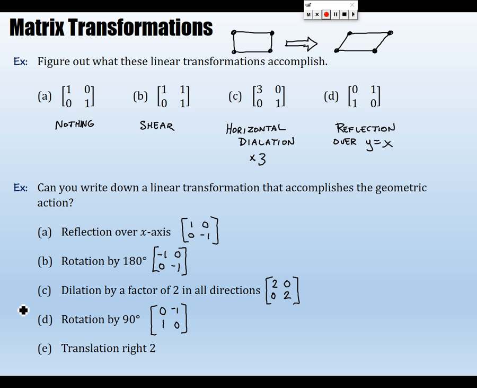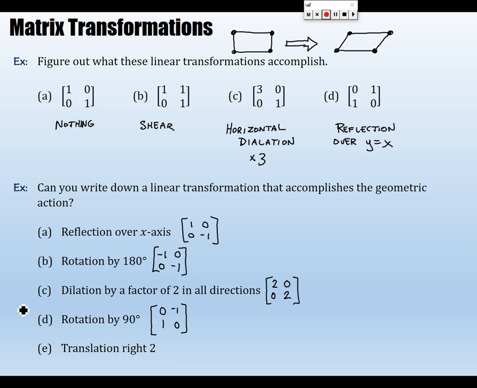Let me ask you this: on all the other ones you see on this page, where do all of these map the vector 0, 0? To 0, 0. In fact, in general, the matrix A, B, C, D maps 0, 0 to 0, 0. There's no other way around it. But a translation to the right by 2 would map 0, 0 to 2, 0.